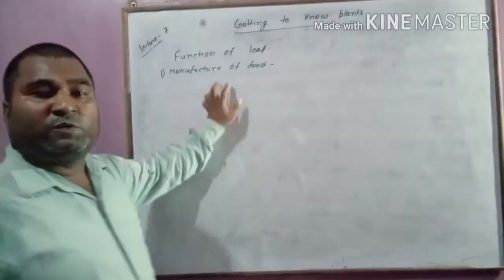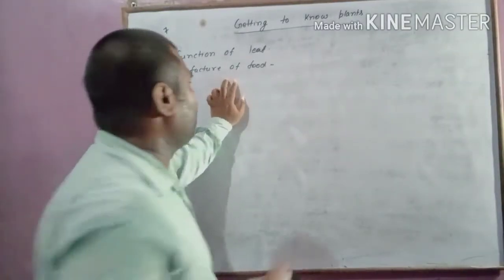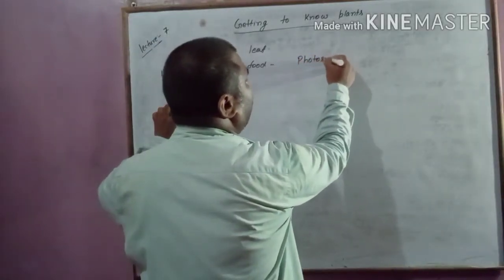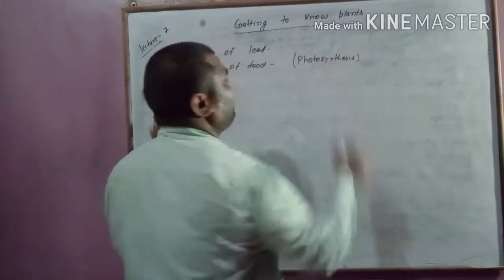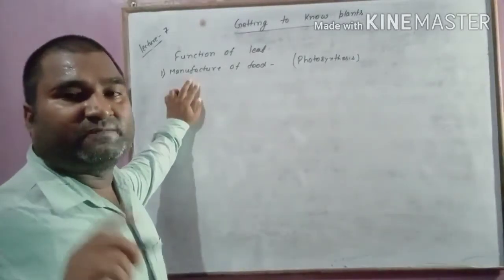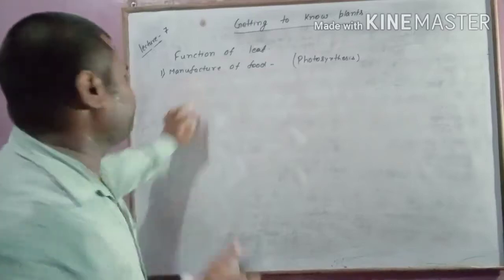As we know, leaf is considered as the kitchen of the plant because leaf carries on photosynthesis, and during photosynthesis leaf prepares food for the entire plant. So the first and main function of the leaf is to manufacture food.